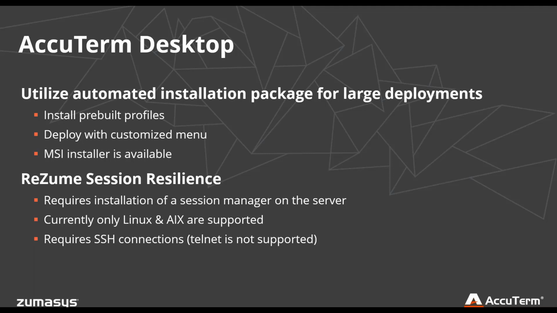Right now, it's only working on Linux and AIX, and it requires secure shell. When you want to set this up, though, you do have to install a small utility on the Pick server, which is a little session manager that sits between the incoming SSH connection and the Pick process that's running your application.